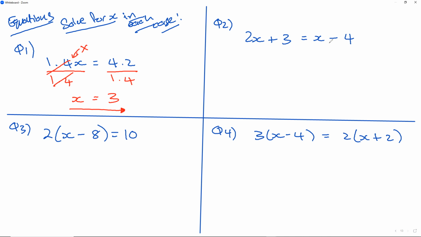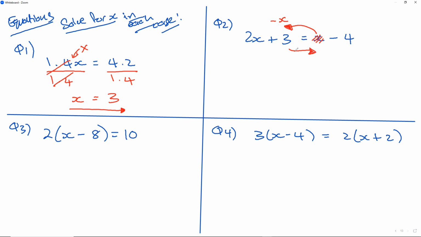And then I got 2x plus 3 equals x minus 4 for the next one. In this one over here, I need to get all the x's onto the left-hand side. But if I do move any x's, it has to change sign. So this is going to become negative x once I've moved it. And I'm going to get all the numbers onto the right-hand side.